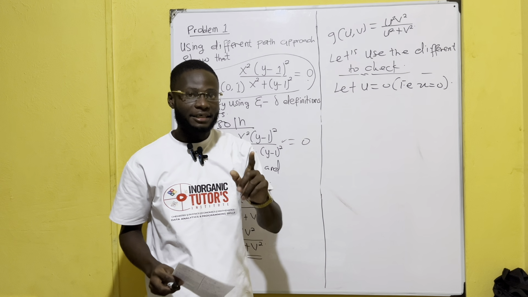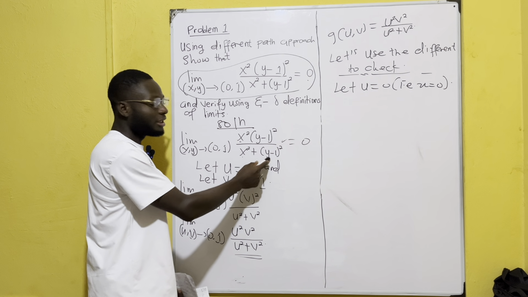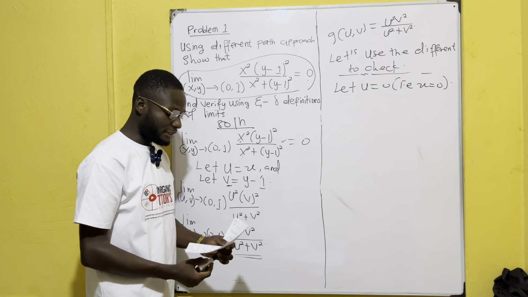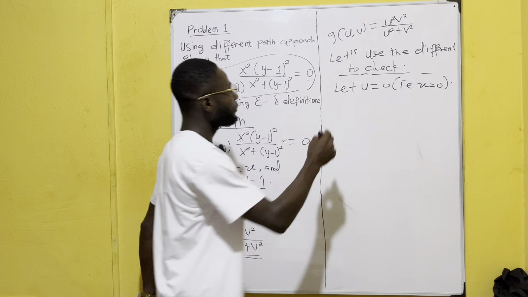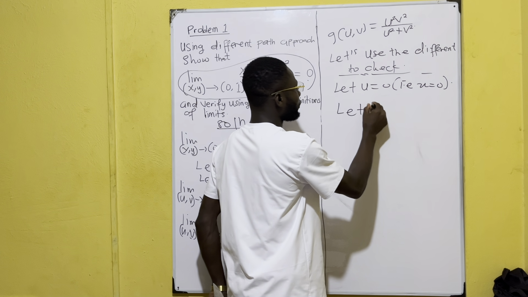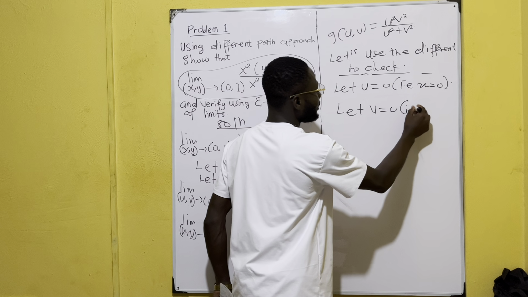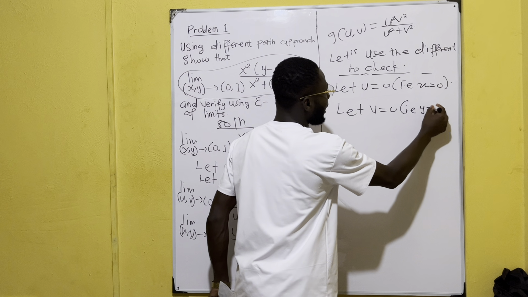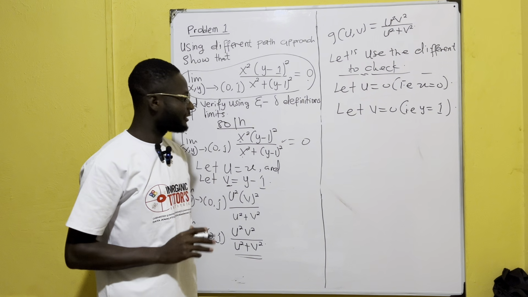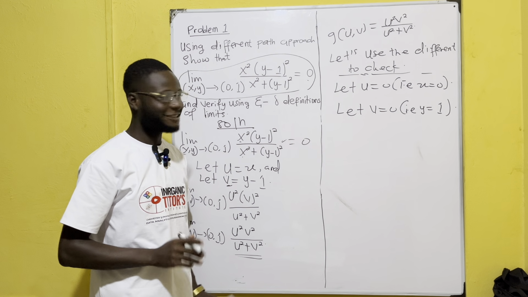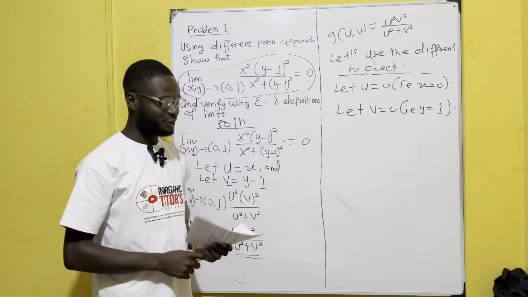If v is 0, then in other words, y is equal to 1, right? So let v equal 0, and that means that our y is 1. I believe you are cool with that. These are the basic steps so that you don't get confused.